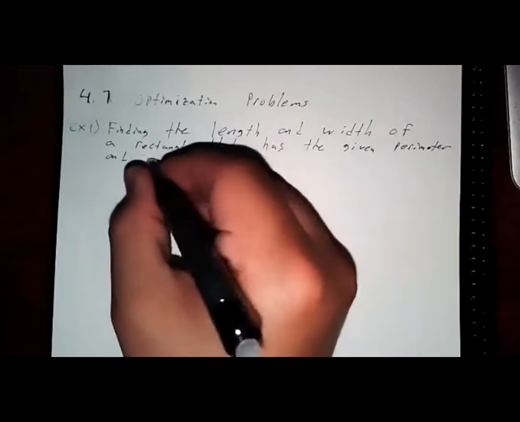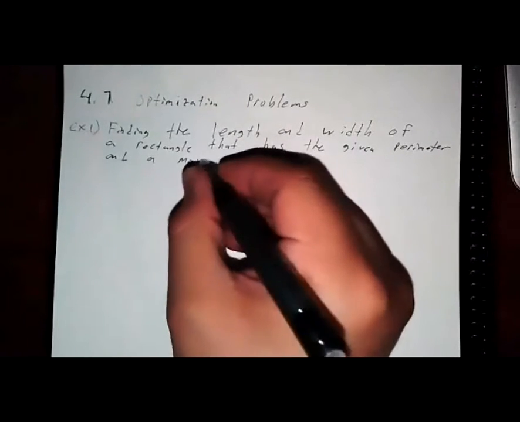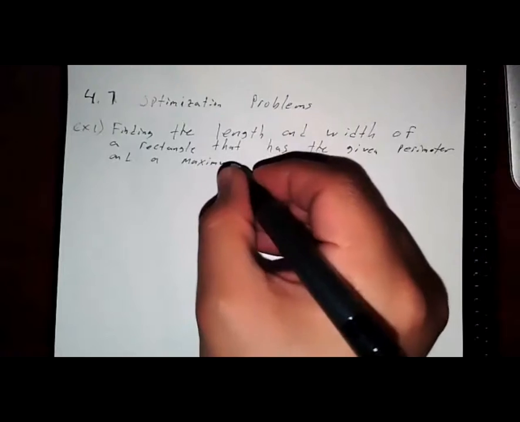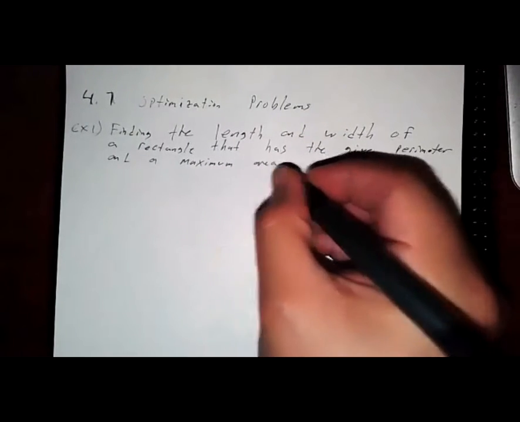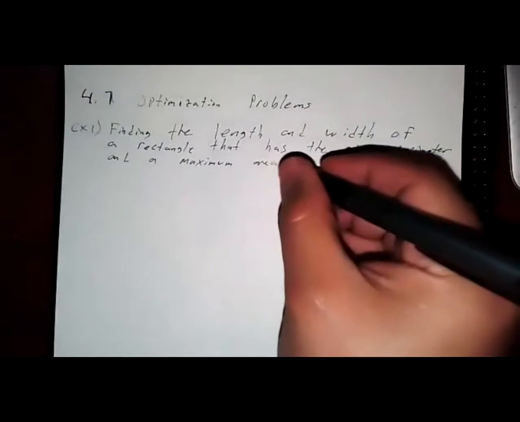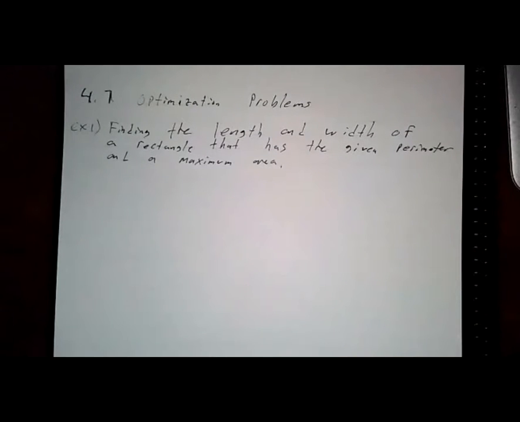All right, so finding the length and width of a rectangle that has a given perimeter and a maximum area. In the book, there are a lot of cool examples about building fences that are pretty common problems. But the homework will start off with just general perimeter and maximum area.